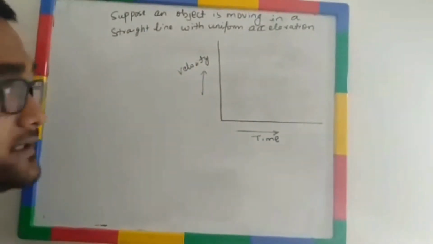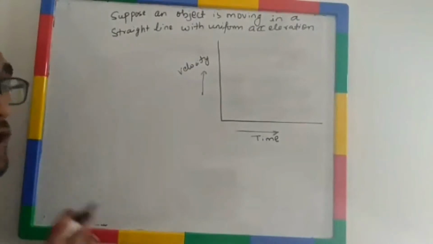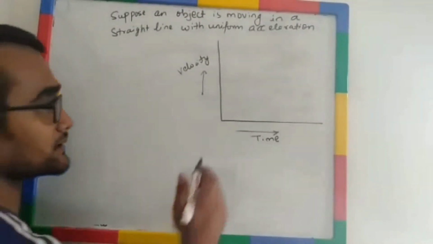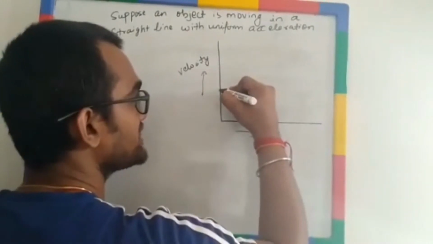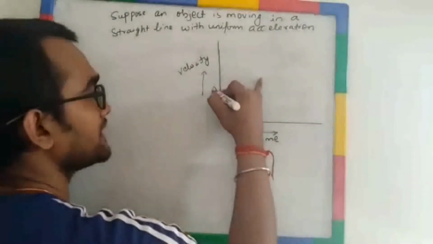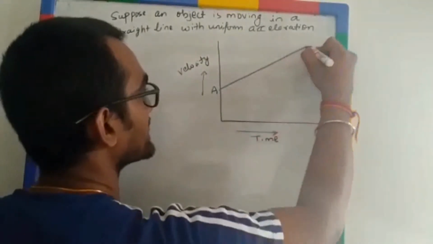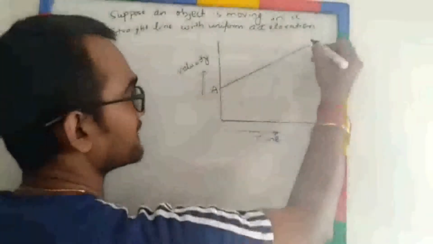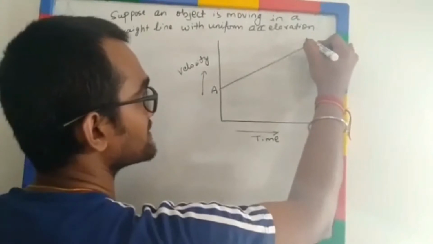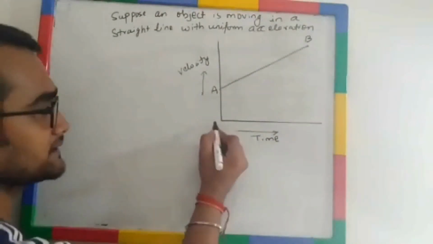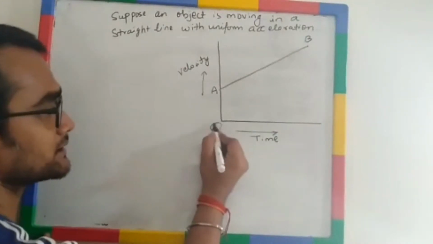As I have told you earlier that the object is moving in a straight line with uniform acceleration. So let the initial point of the object be A, and it is moving in a straight line, and the final point of the object is B. Let the point where the two axes meet be O.